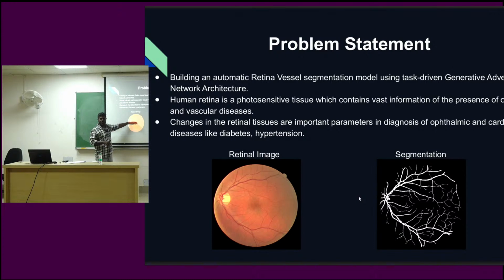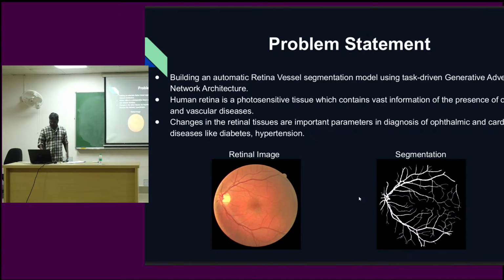We give this as the input to the GAN's generator, and we expect the generator to produce the segmented part like this. If you want to know the details, you can ask sir. I don't know about the fundus image, but I'll show you how we can do the segmentation using GANs.